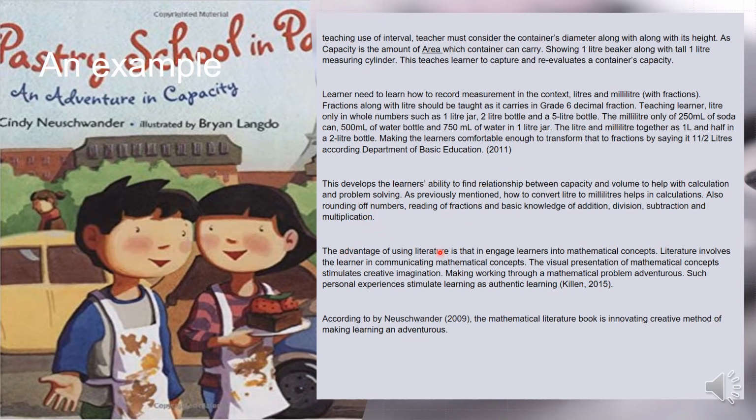The advantage of using literature is that learners are engaged in the mathematical concepts, and literature involves the child in communicating mathematical concepts, visual presentations, and concepts that stimulate creative imagination, and working through mathematical problems adventurously, such that a personal experience can stimulate learning as authentic learning.